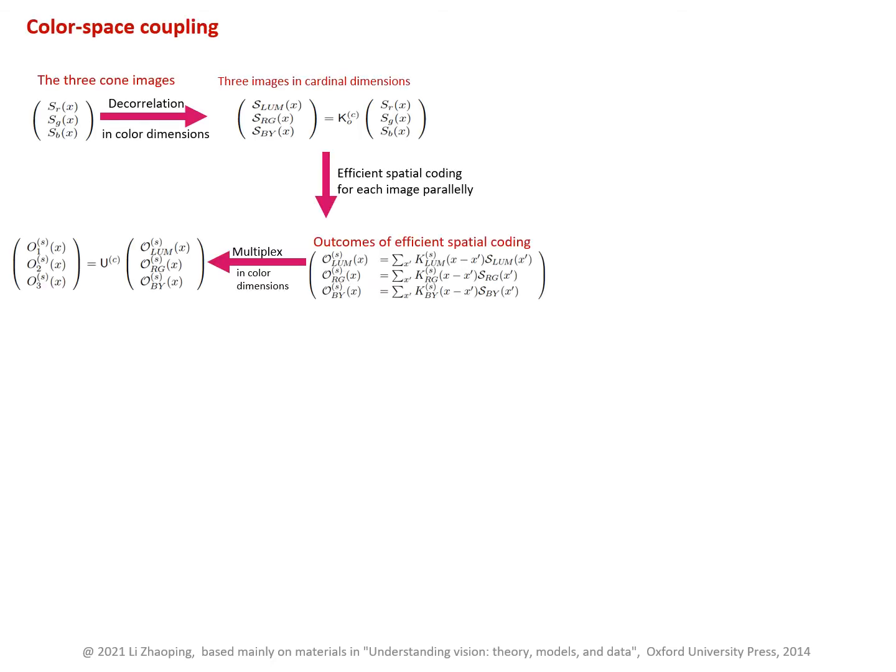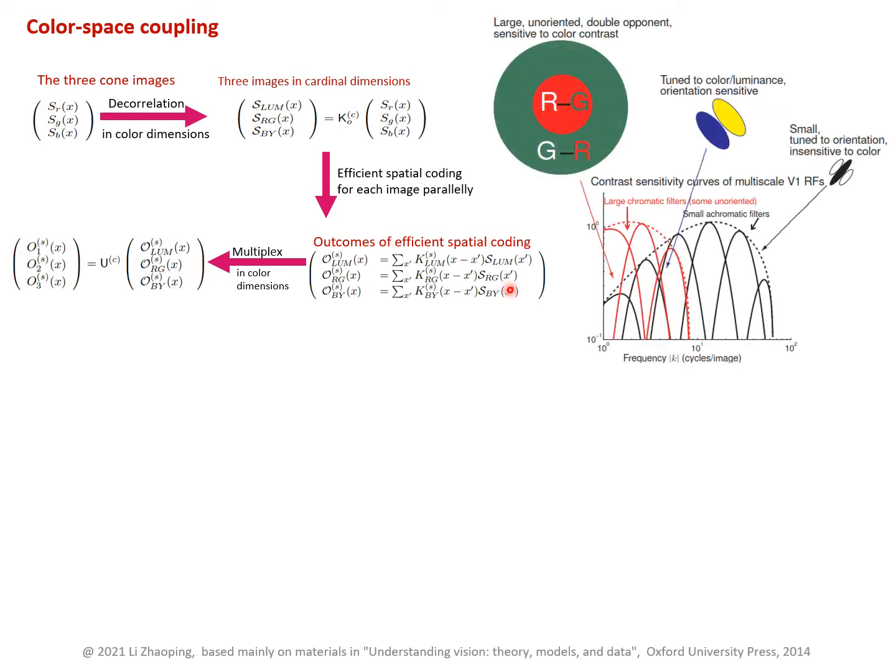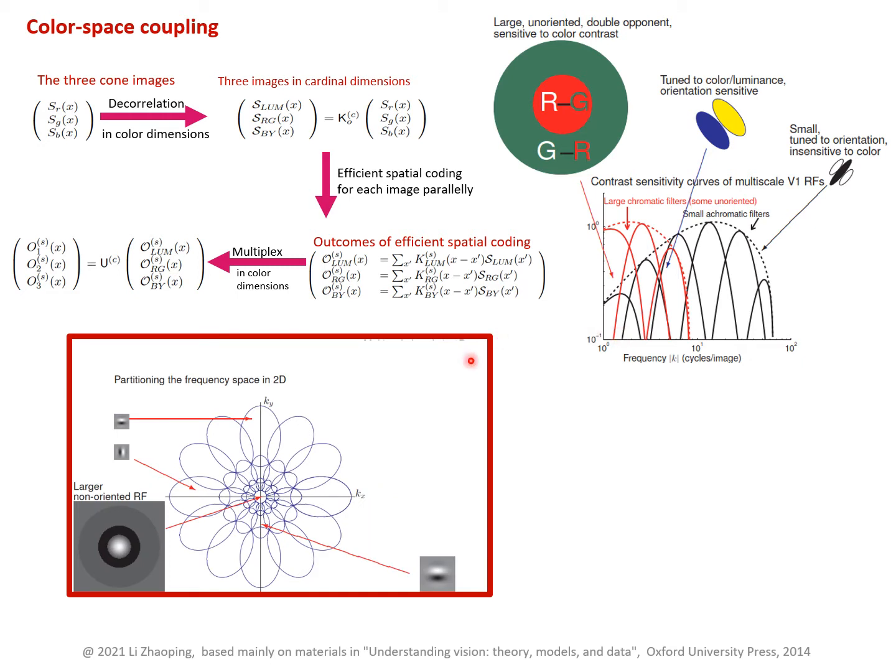We have shown that coupling spatial coding with color coding in V1 gives us large double opponent cells in the low spatial frequency band, and these cells are often insensitive to orientation because they occupy this isotropic frequency band region.